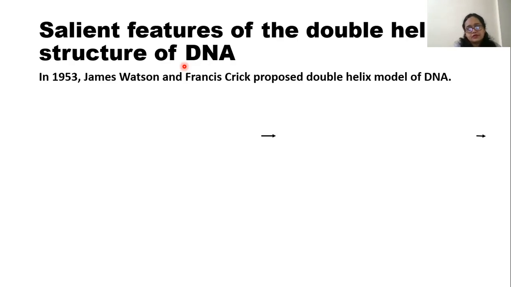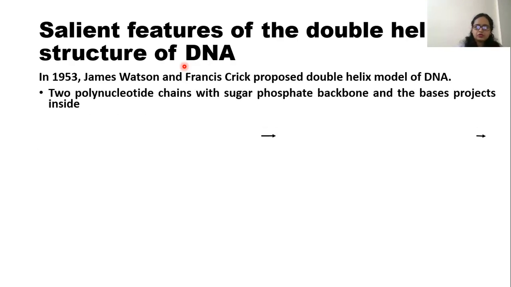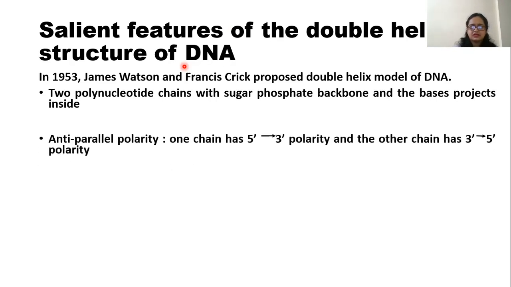In 1953, James Watson and Francis Crick proposed the double helical or double helix model of DNA. What was that? As we have seen, there are two polynucleotide chains with the sugar phosphate backbone, and the bases project inside. The sugar and phosphates form the backbone, while the bases are present on the inside.